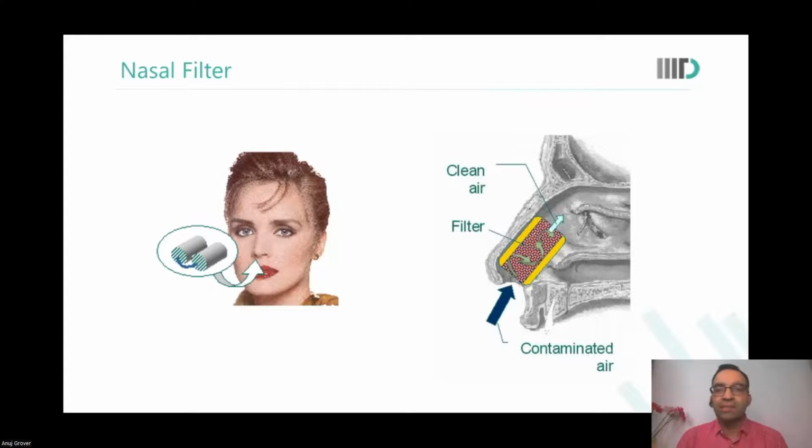They had demonstrated it in their open house, I think 2 years back. So these are nasal filters which just plug into your nose and clean the air. You are taken care of. You don't need to take any medication. There are no side effects. These filters are disposable, they are cheap, and they clean the air.